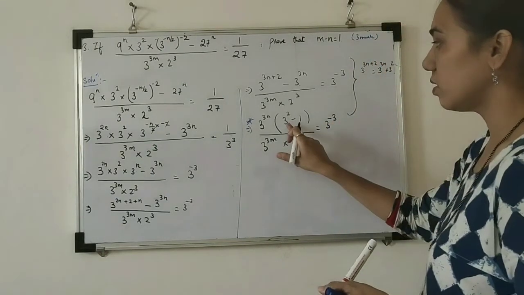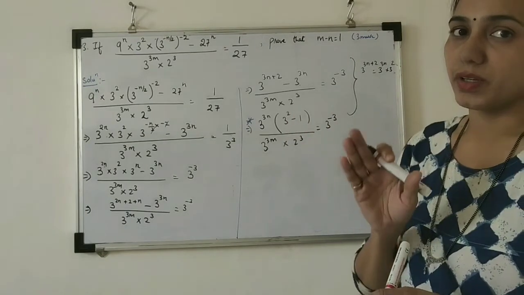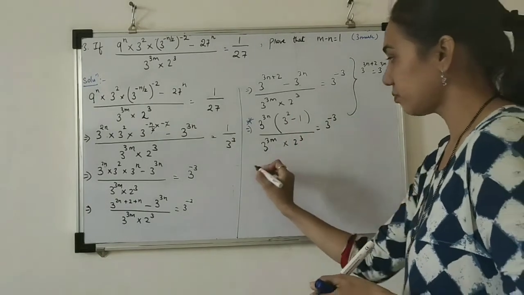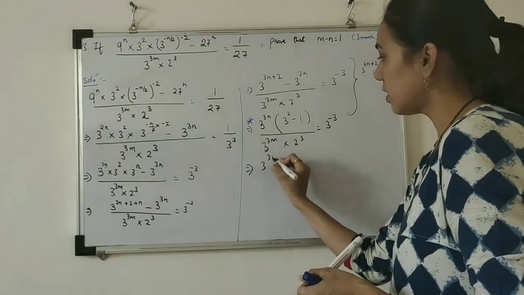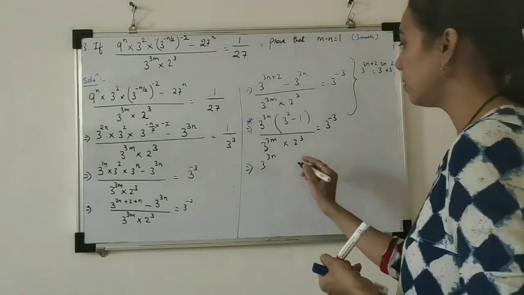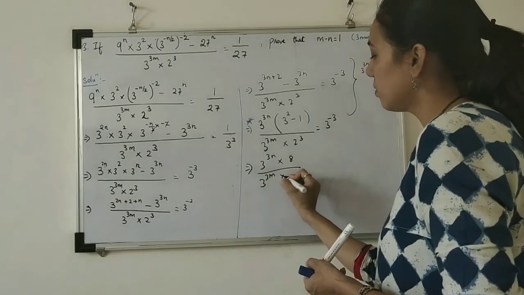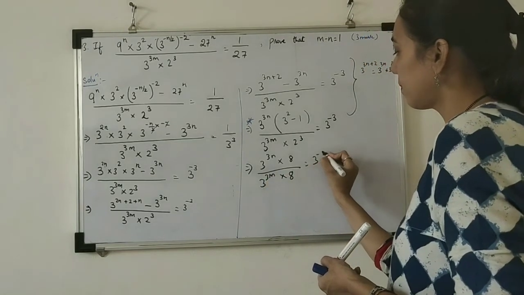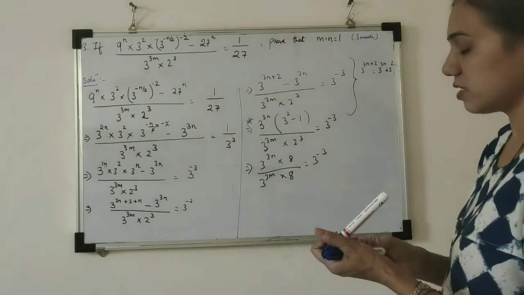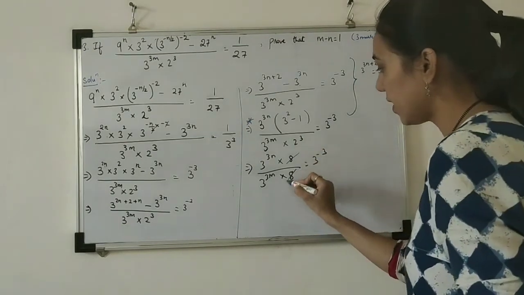See it very carefully. 3 square is 9. 9 minus 1 is 8. 3 to the power 3n, I am skipping that step. This is 8. 3 to the power 3m, this is also 8, because 2 cube is 8. These two terms will be cancelled.